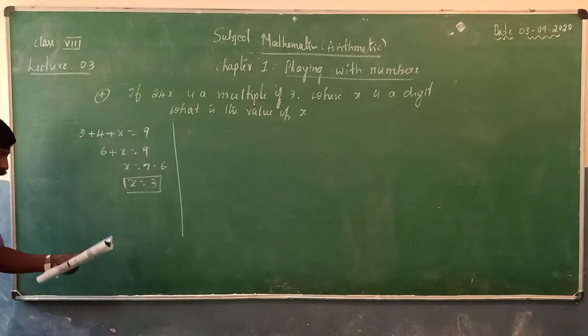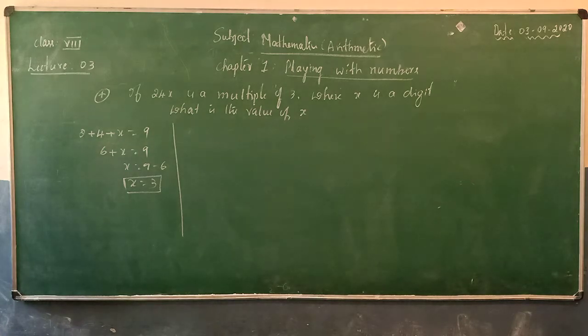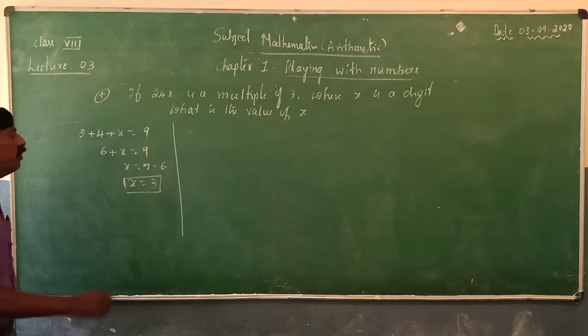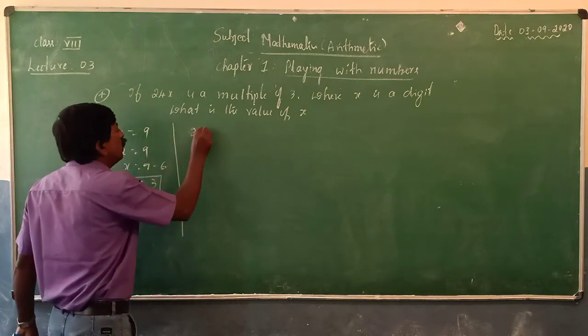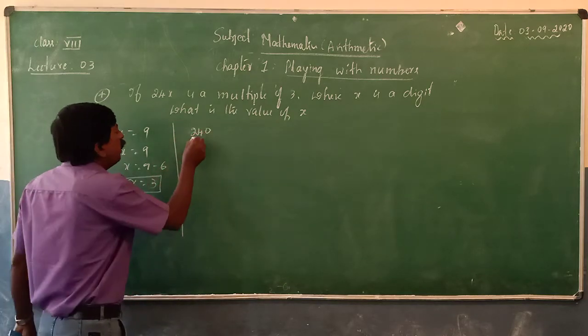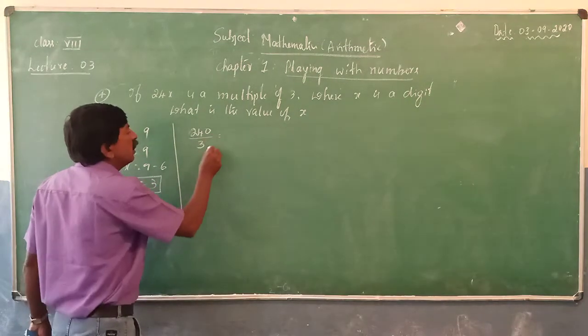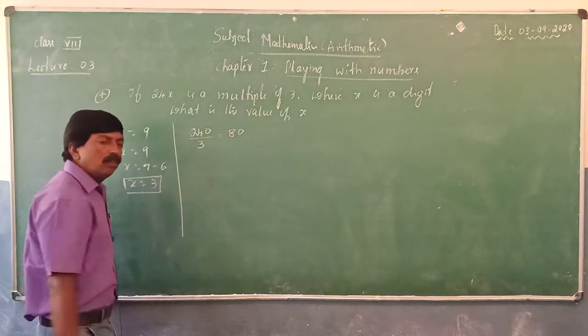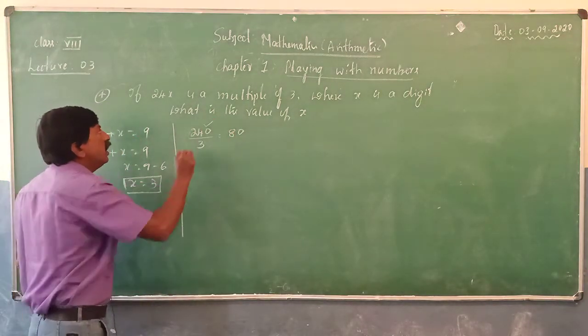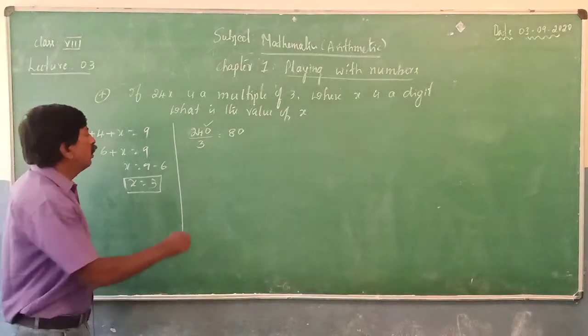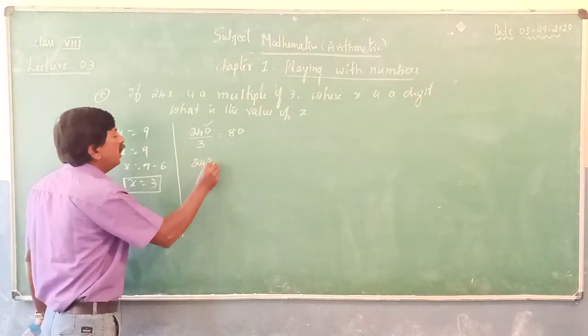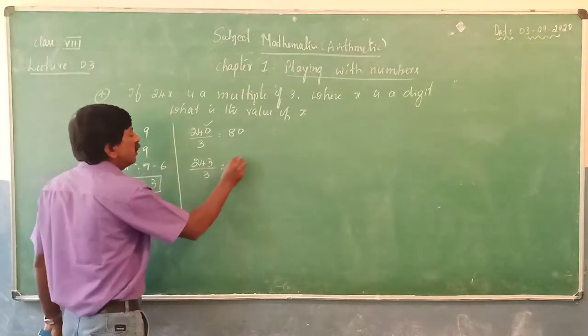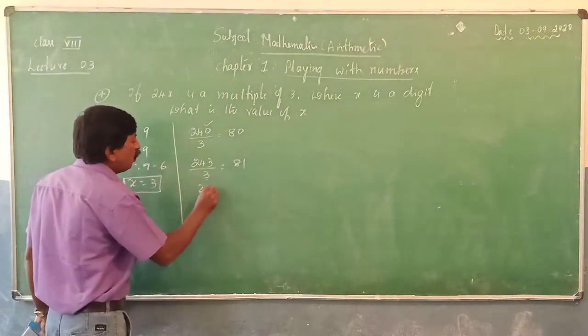Even you can consider 0. 240, divide by 3. How much is it? 3 8s are 24, 0. So therefore the unit place occupies 0 also. Now 243 divided by 3, it is 81.